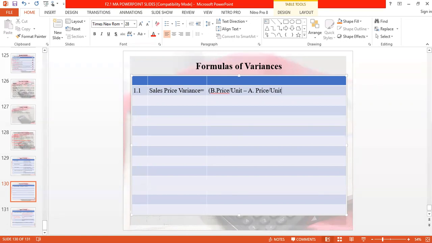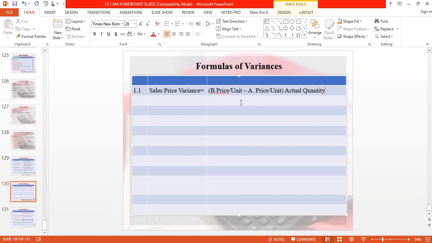Times actual quantity. If you don't understand the abbreviation, write it in full. Just write it somewhere. Budgeted price per unit minus actual price per unit times actual quantity, of course, in units.